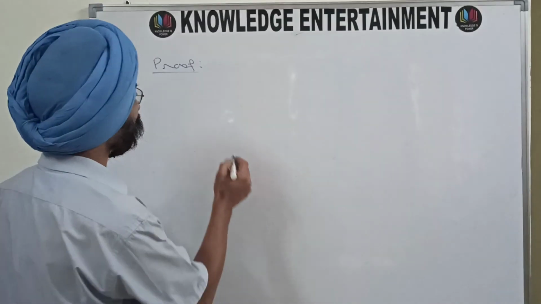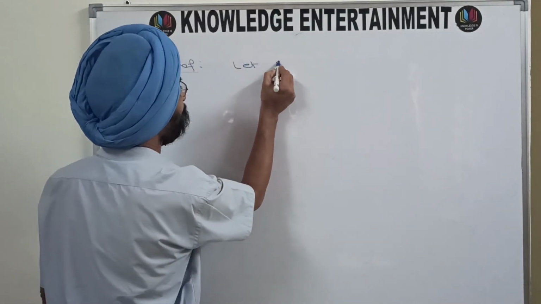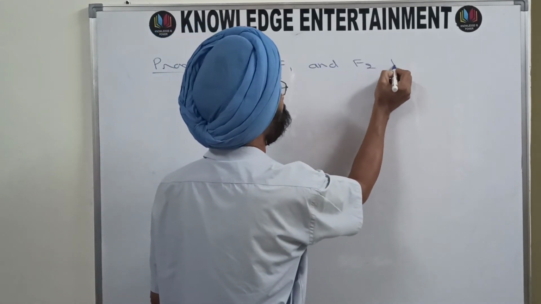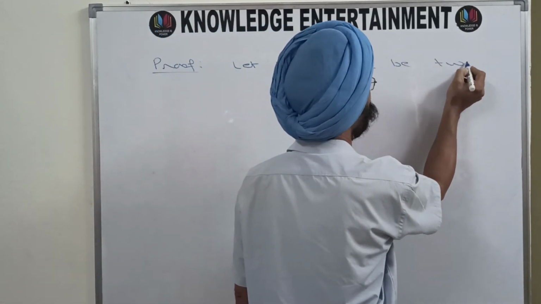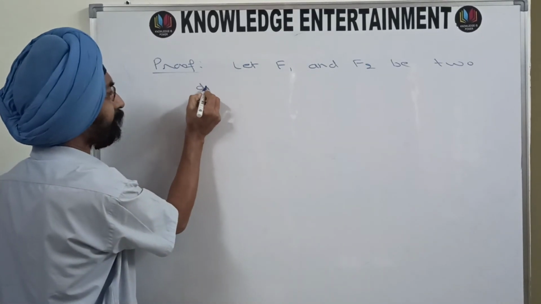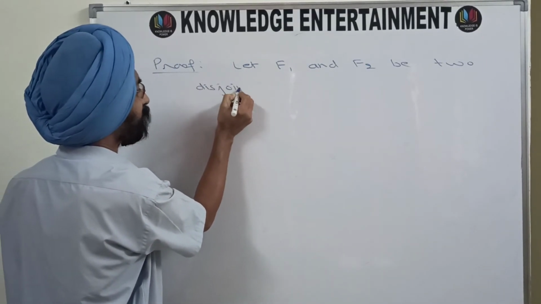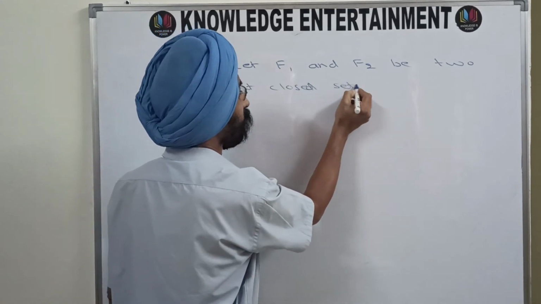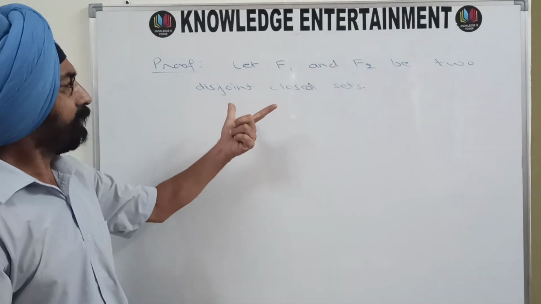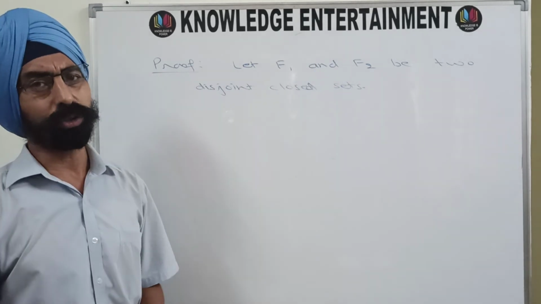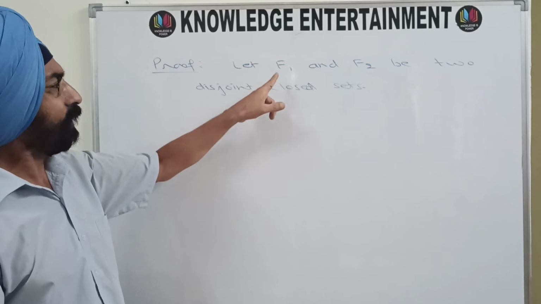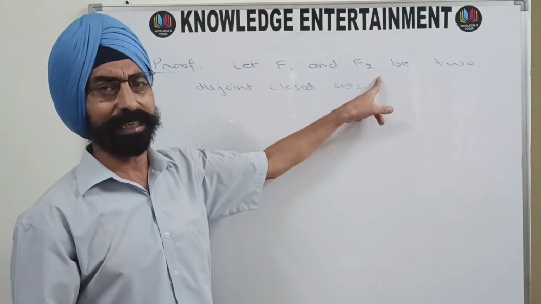So let F1 and F2 be two disjoint closed sets. So I have started with two disjoint closed sets. Now I will try to find two disjoint open sets, one containing this and the other containing this.